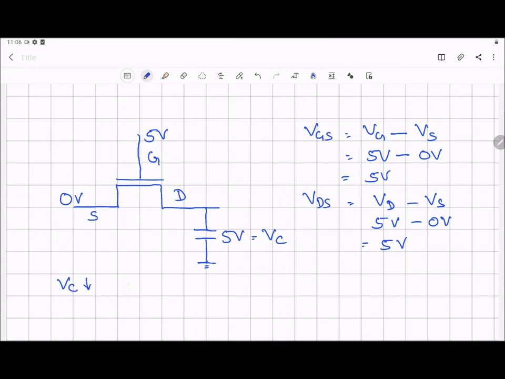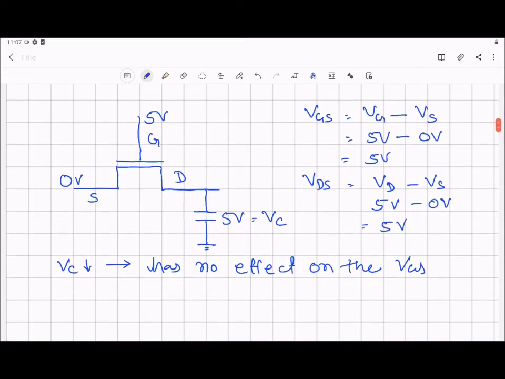So the voltage VC decreases, and this decrease has no effect on the VGS.